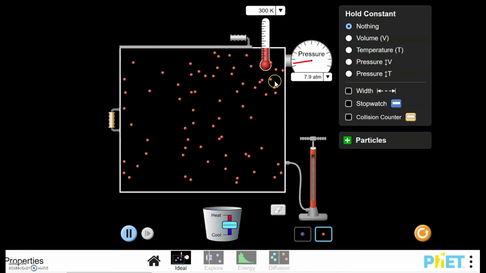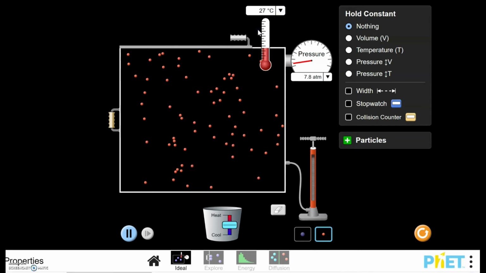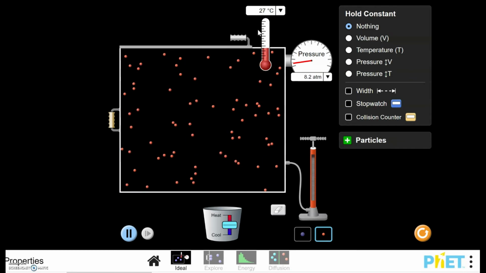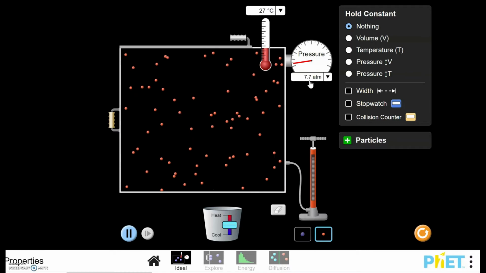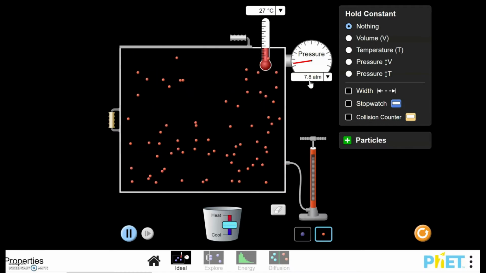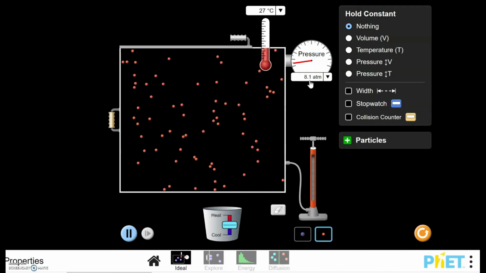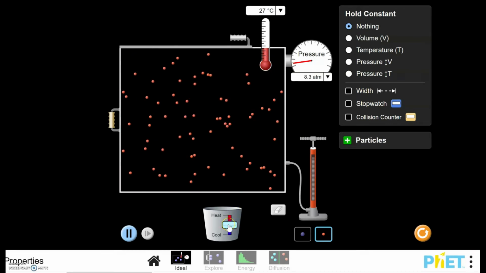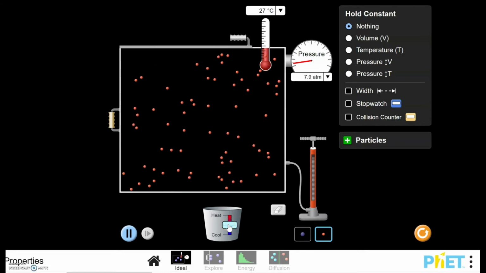Right now it is showing a temperature of 27 degrees Celsius. I don't know if you can read that. And it is showing a pressure that's hovering between 8 and 9 atmospheres. And the kinetic molecular theory shows that as we increase the heat, the speed increases, and as we decrease, the speed decreases. We'll worry about that later.